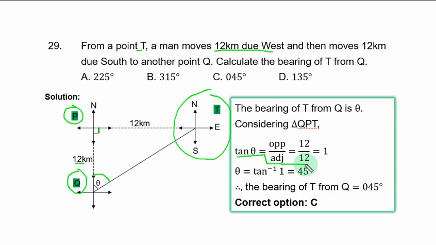That is 12 over 12, and you have 1. To get theta, you take the inverse of tangent of 1, and that is 45 degrees. Since we are interested from the north to that line that joins point T and Q, that is simply theta. So therefore, the bearing of T from Q is 045 degrees. That is the 3-digit bearing, the one that is used in calculation. C is the correct option.